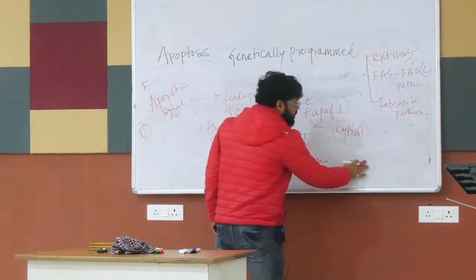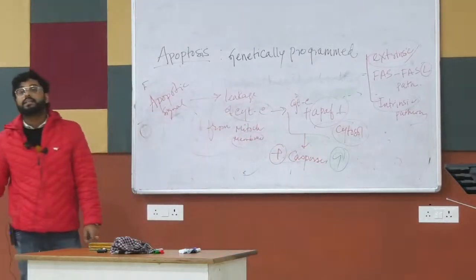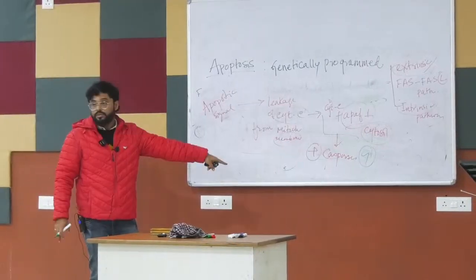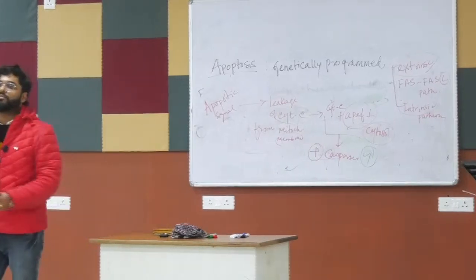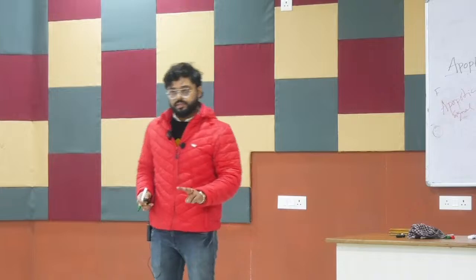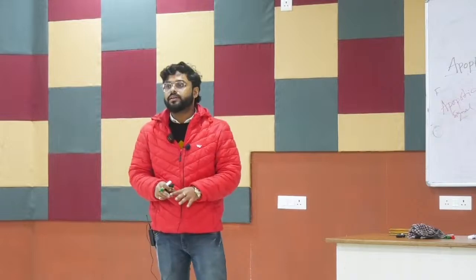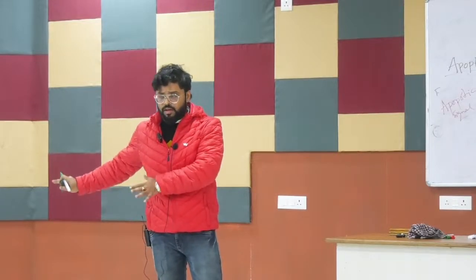The first caspase activated here is caspase 9, just as I told earlier that in the extrinsic pathway, after the activation of caspase 8 or 10, initiation follows. So there are two types of initiation phase, one extrinsic and one intrinsic. In the intrinsic case, the balance is going to shift toward the cell dying.